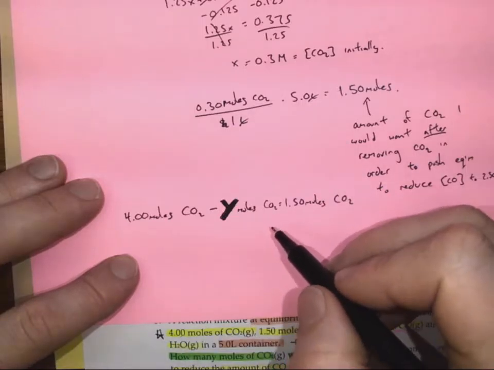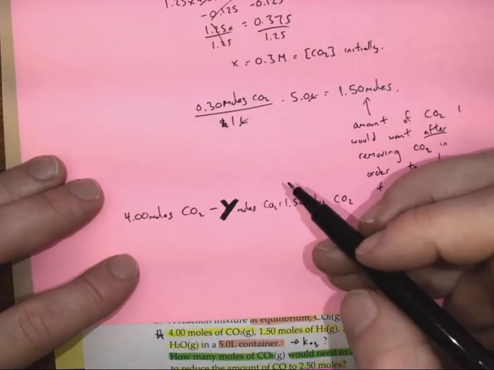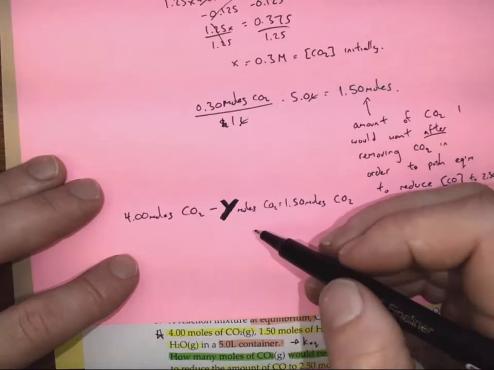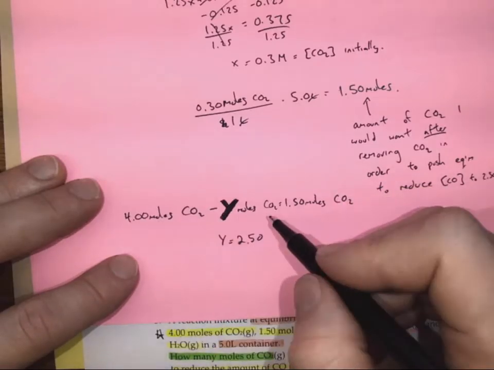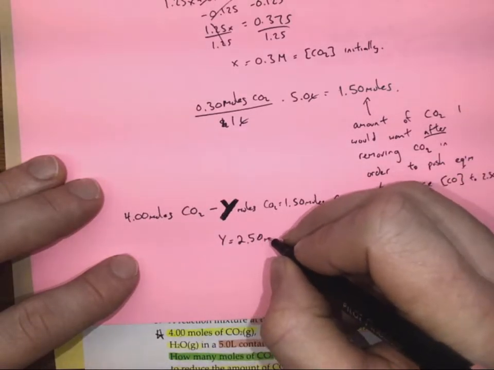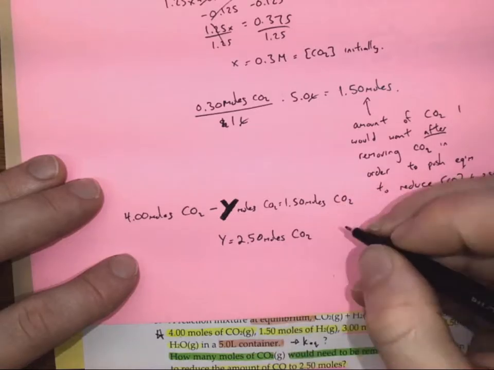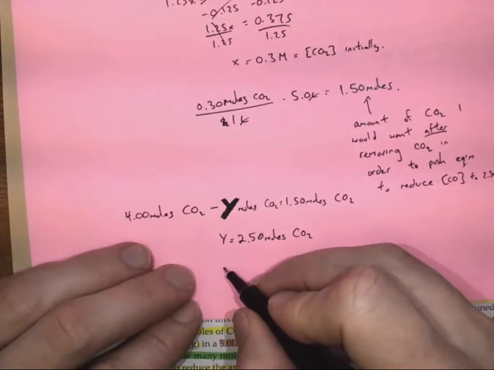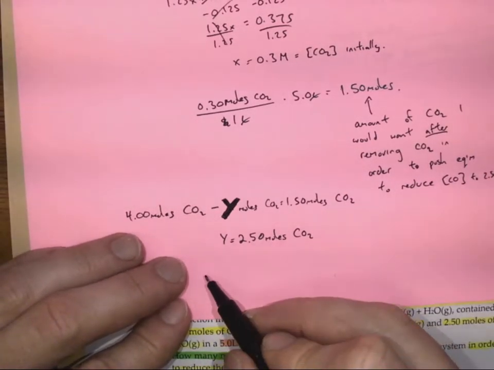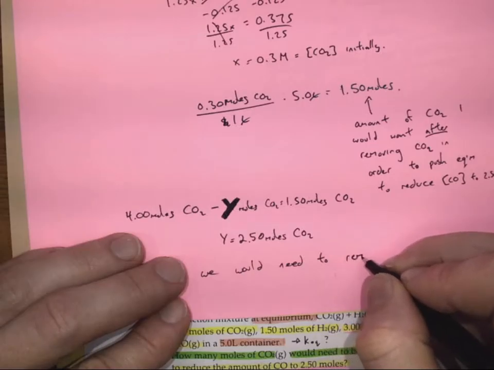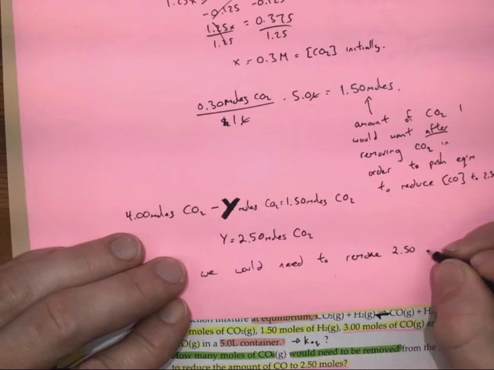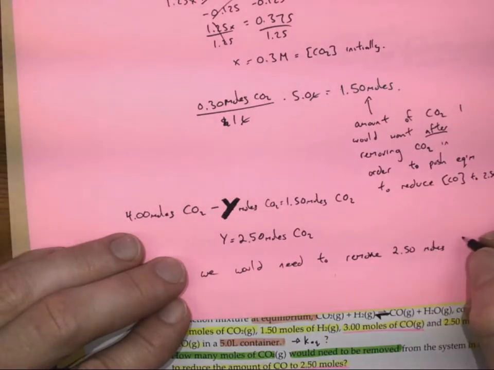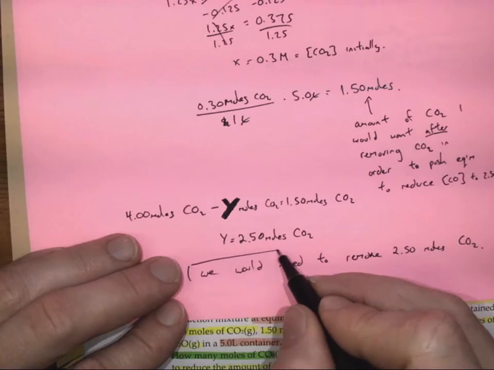I could isolate y using algebra, but I can see that that number is going to be 2.5. 4 take away 2.5 gives us 1.5, right? So that means we would need to remove 2.50 moles of CO2. That's the question.